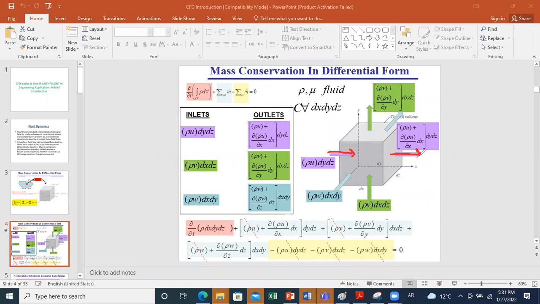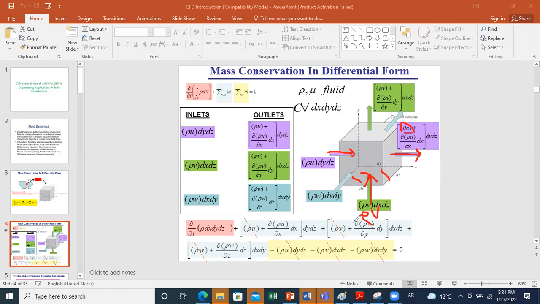Now I will do the same procedure for all the other faces. For this face here, what will change is that the velocity crossing it is perpendicular to the xz plane, so it will be along y. This is why here, instead of the rho u function, I consider the rho v function.